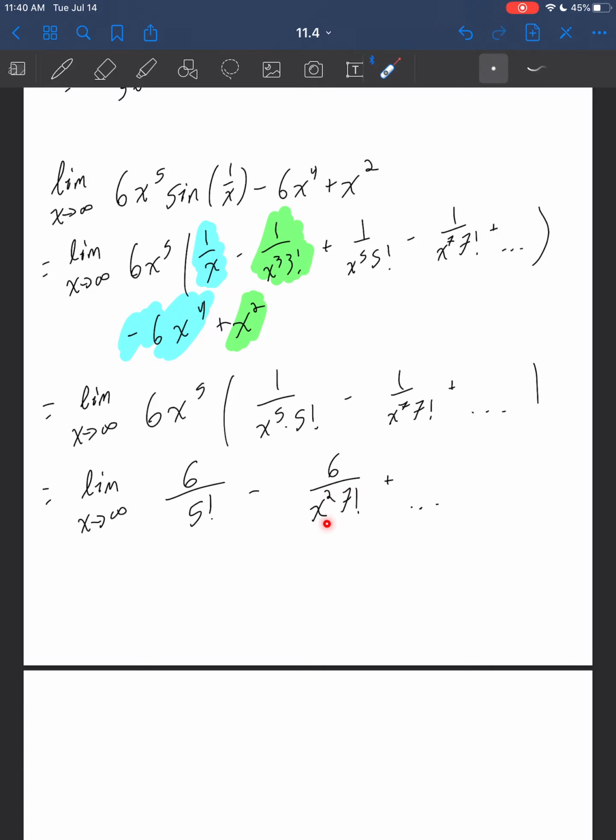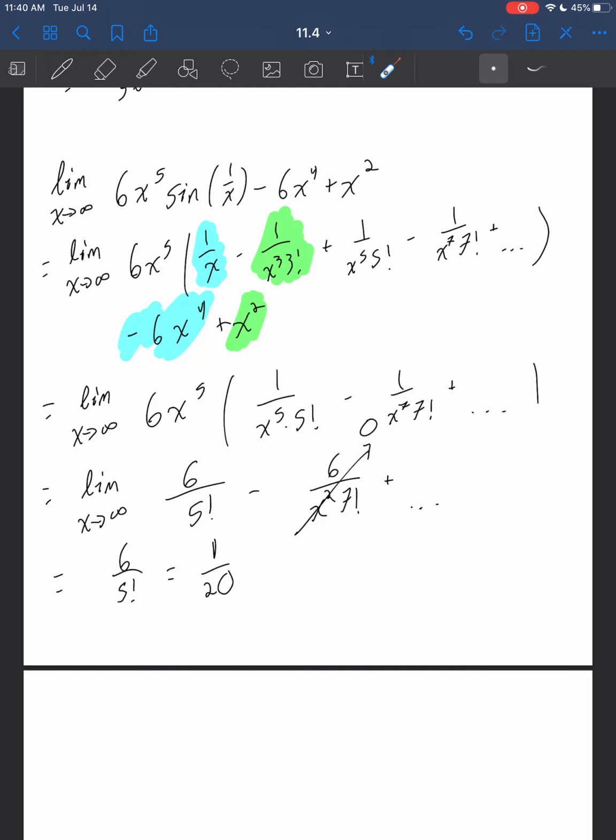And all of the terms after this, right, we have an x squared, x to the fourth on the bottom, x to the sixth on the bottom. All of these are going to be 0 with this limit. And so we are just left with 6 over 5 factorial, which if you simplify and do the math is going to be 1 over 20.